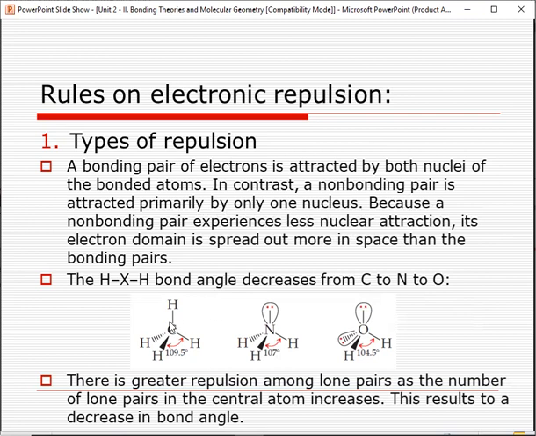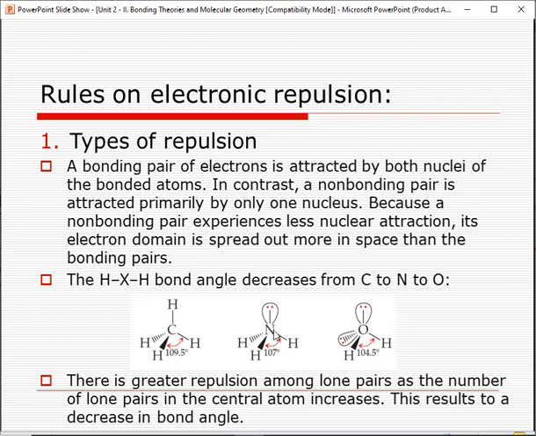For example, what it said there is that the bonding pairs, which are the electrons of hydrogen and carbon, are attracted to both nuclei of the bonded atoms. So this bond is attracted to H and to carbon. But in contrast, the non-bonding pair, which is the lone pair, is attracted primarily to only one nucleus.